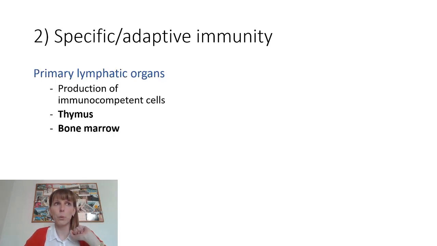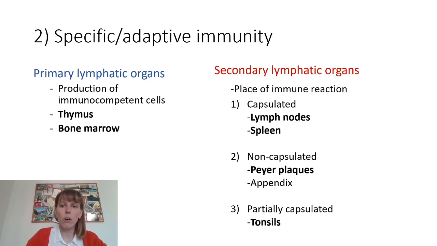And so we will be talking about two types of lymphatic organs. The lymphatic organs can be either primary or secondary. And the primary lymphatic organs are called primary because it's the location where the immune cells are being produced and where they mature.